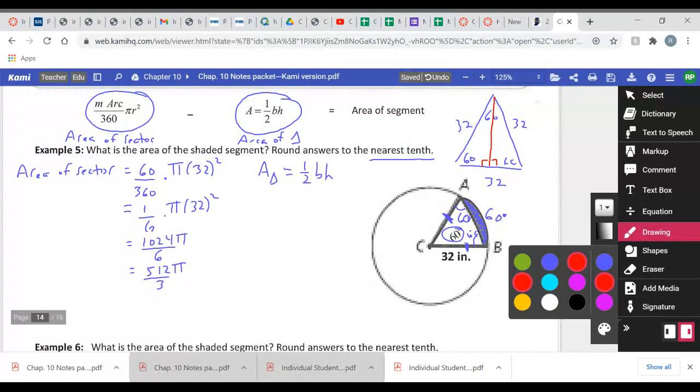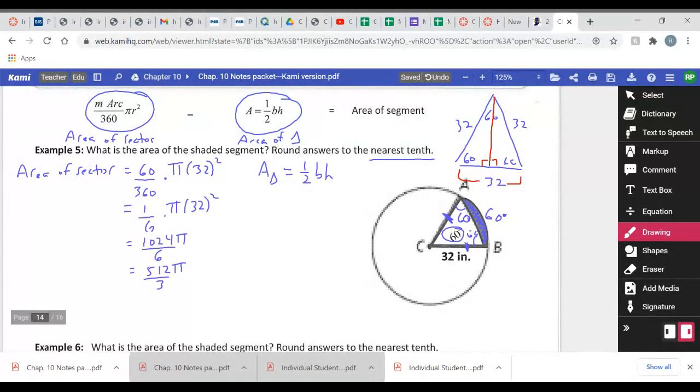Because if I want to use 1/2 base times height, which I can do for a triangle, then I know it's 32 from here to here. Therefore, half of that is 16. And if I split the 60 in half up here, I've got 30 and 30.